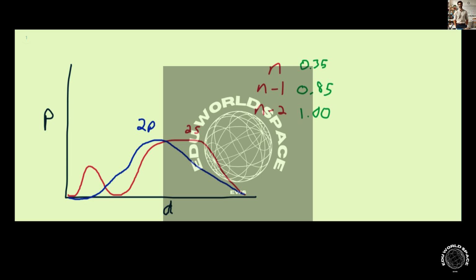So you can think of it as, for each n level, you have this kind of shielding, whatever that may be. Or you could think of it as a kind of relative scale.